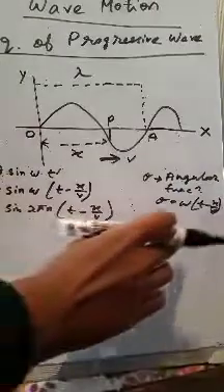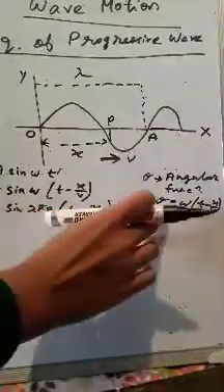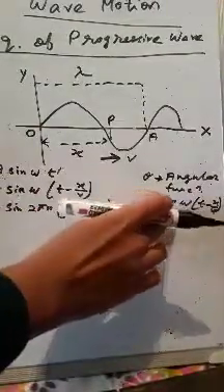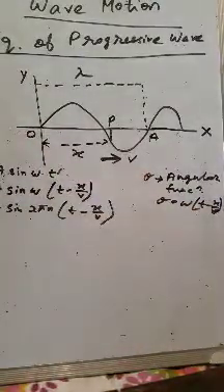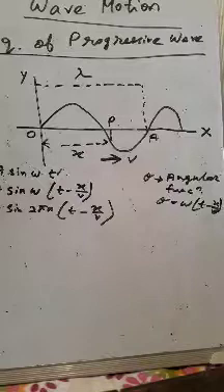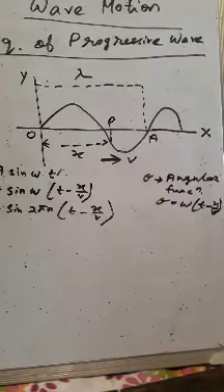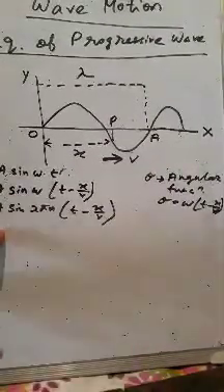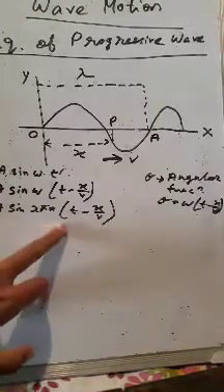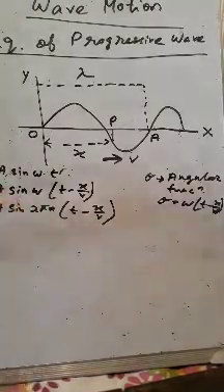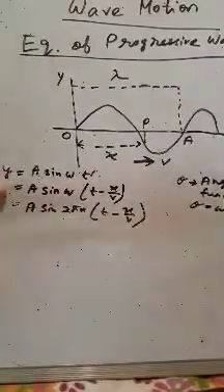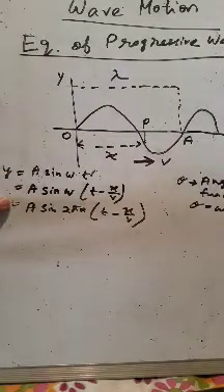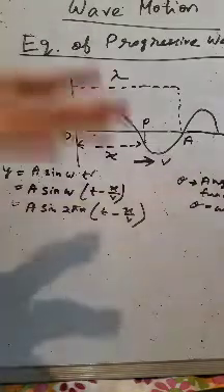By expressing theta in different forms, the equations of the progressive wave that we have studied can be expressed in a few alternative forms.